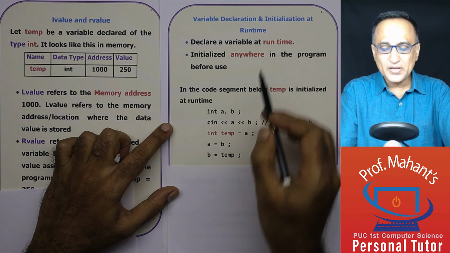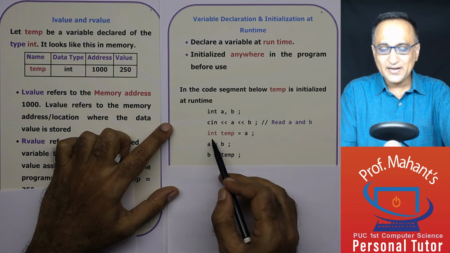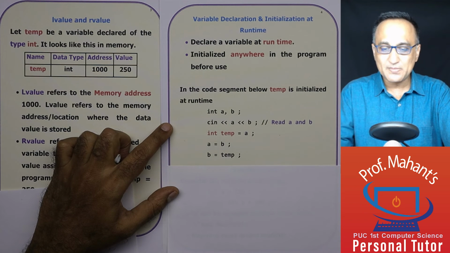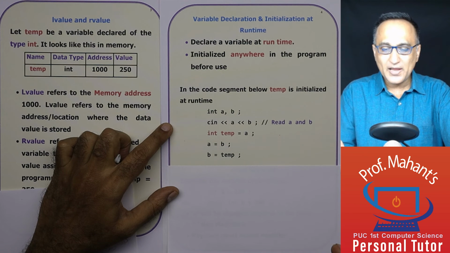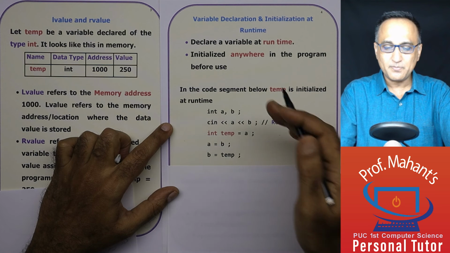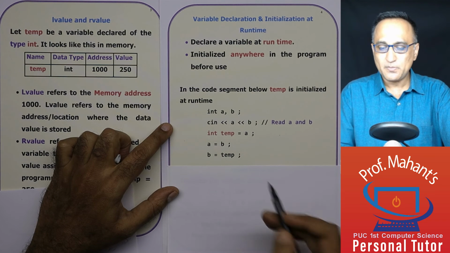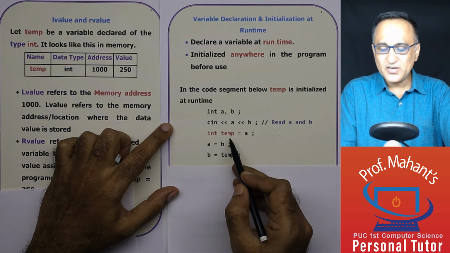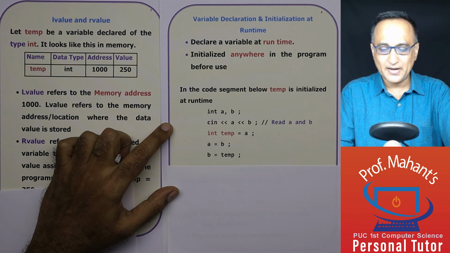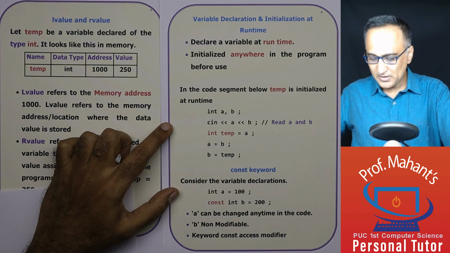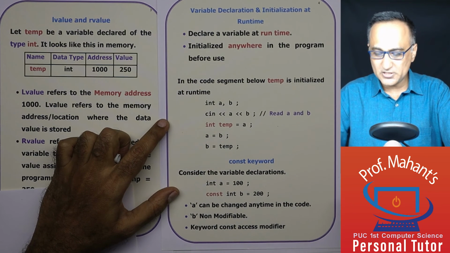So you can declare a variable anywhere, even at runtime. This is created just when the program is running, and a variable can be given any value anywhere in the program before it is used. But it is important that when it is created, be sure you assign it some value, otherwise it will take some random garbage value.